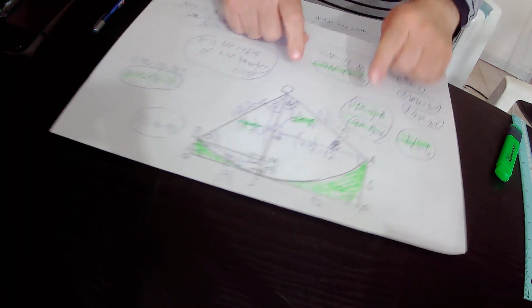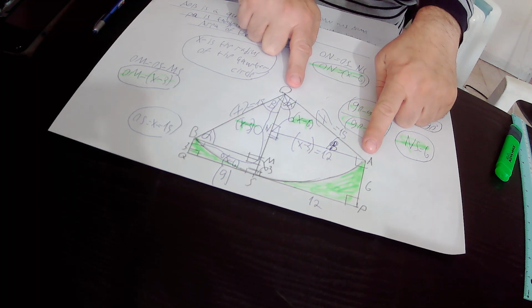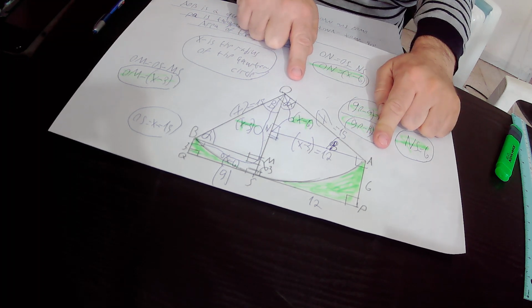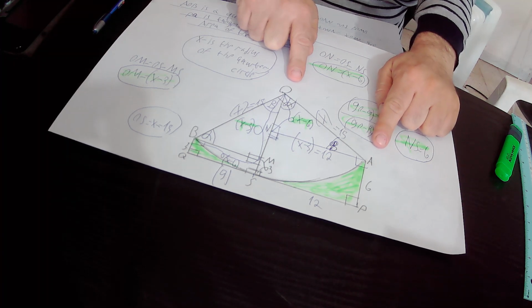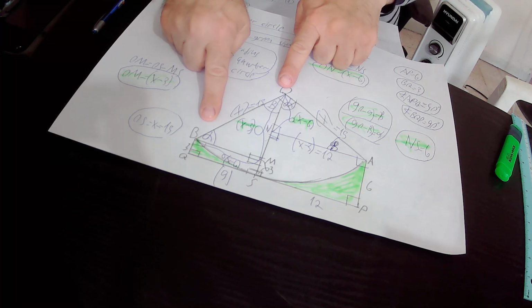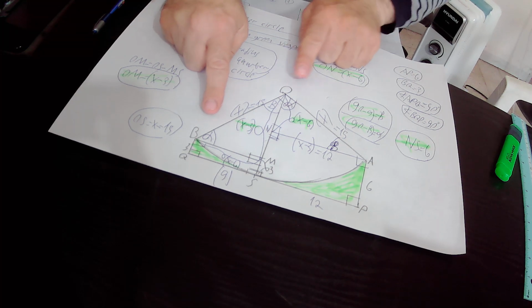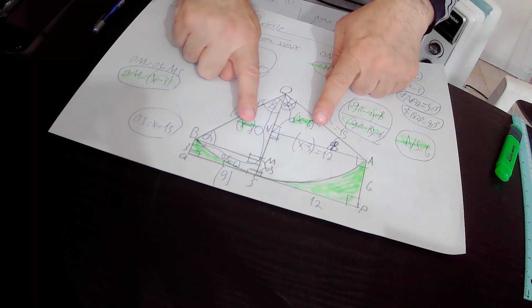And we proved that those two angles alpha and beta, and the side between them, OA in the right triangle OAN, are correspondingly equal to alpha and beta and the side between them, OB in the right triangle OMB. Therefore, those two triangles are congruent according to the angle-side-angle rule.